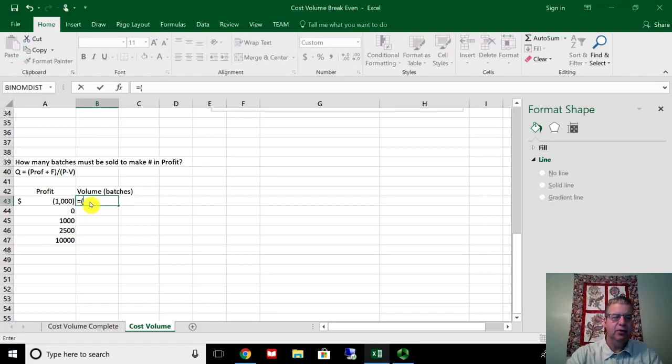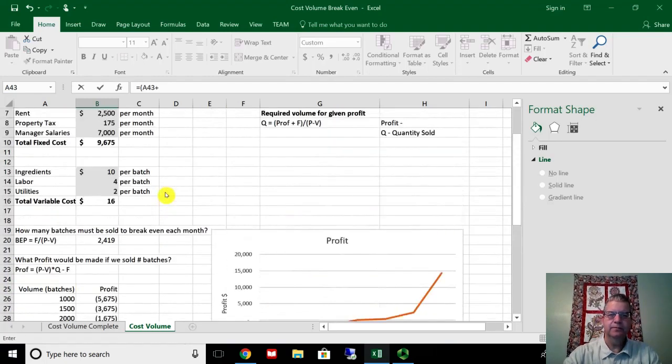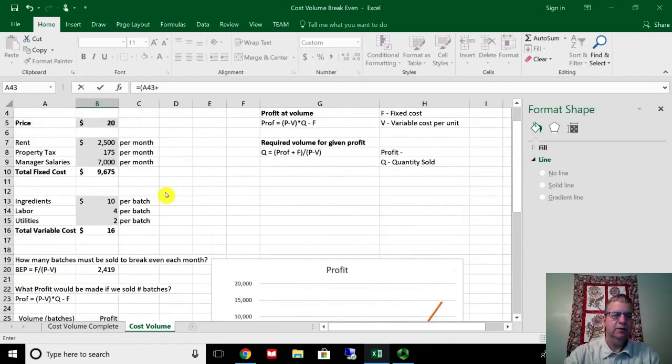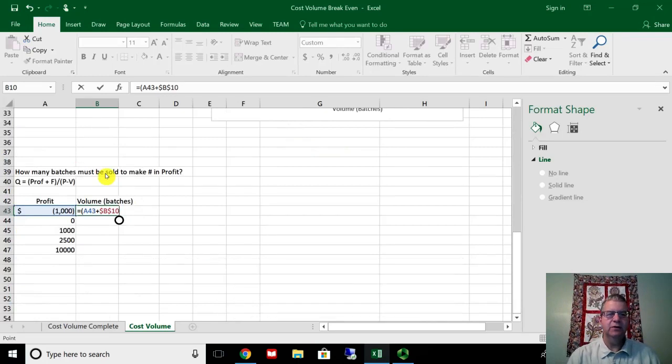So it says I want my profit. Well, there's my profit, and I want it to change. So I will not use absolute referencing there. And I want to add to that my fixed cost. But the fixed cost is always in that cell, so I don't want it to change.